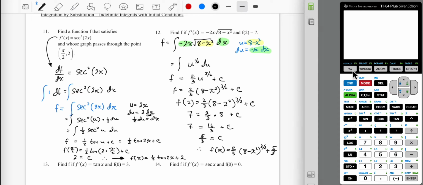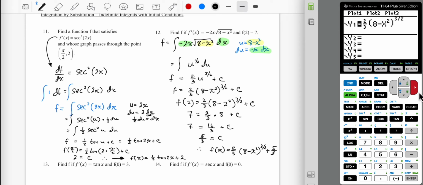So I'm going to type in under y equals the function, or well, my general solution without the c. Eventually got it out. So 2 thirds times 8 minus x squared, close it up, raise it to the 3 halves.